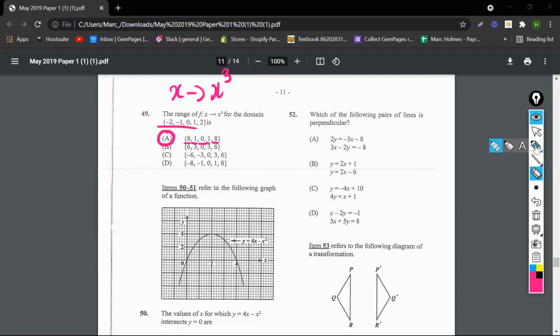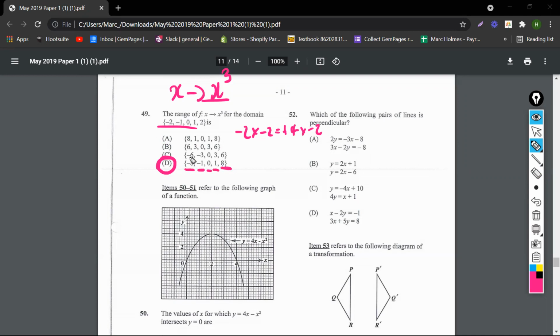Hold on, let me check that. -2 times -2 gives +4, then times -2 gives -8. So the answer is actually D, not A. If I cube all of these numbers, I end up with -8, -1, 0, 1, and 8. So the answer is D.